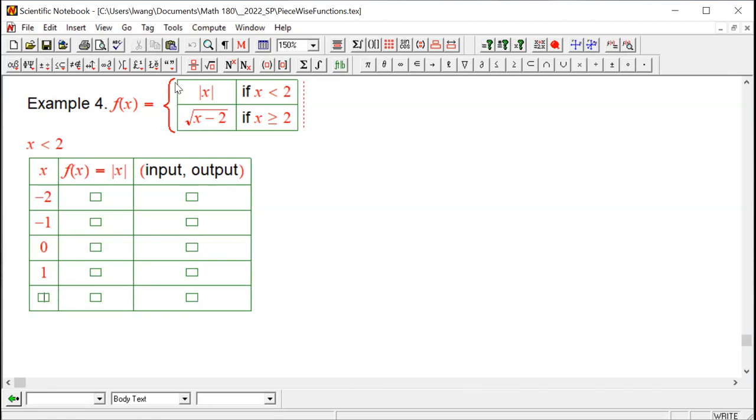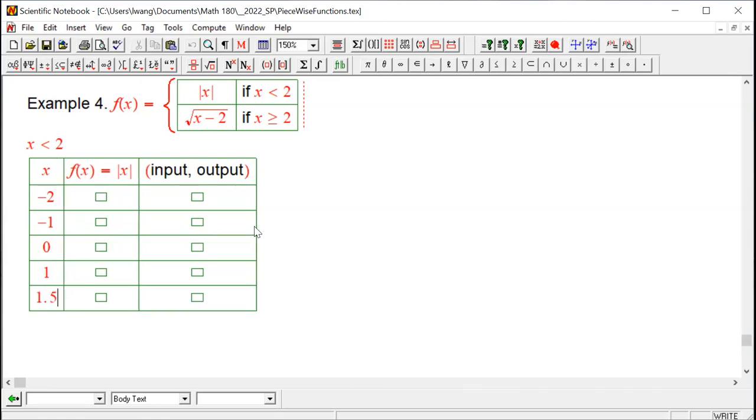I can even pick 1.5. Under these rules, when x is less than 2, I apply the first rule and I shall get a bunch of points.